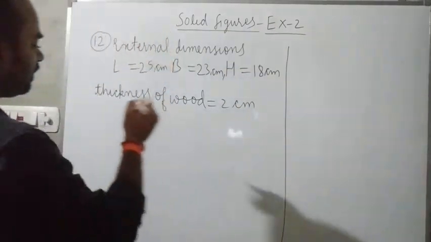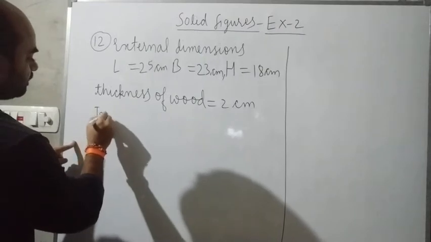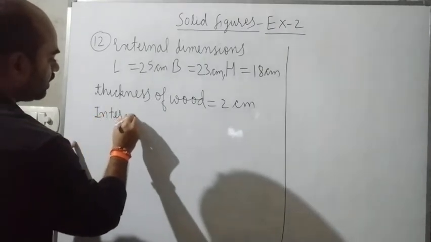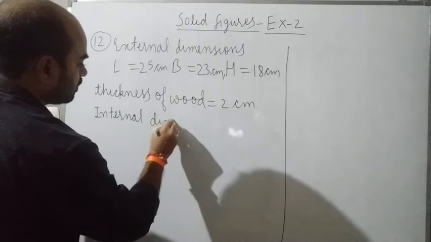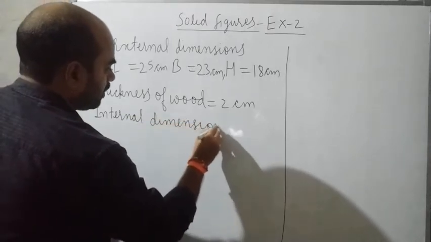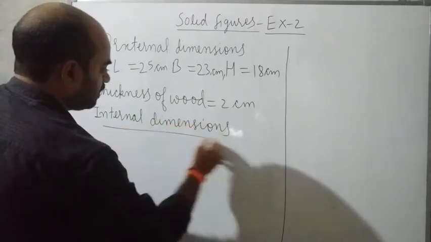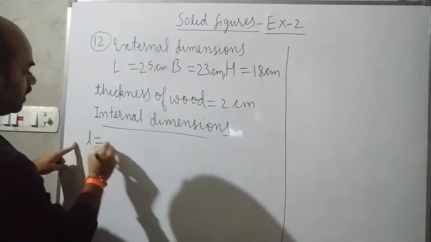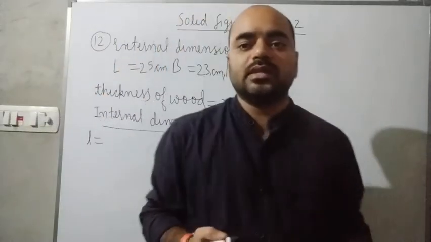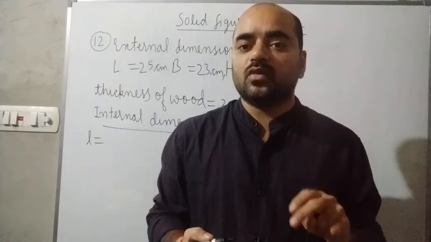So, how to find internal dimensions? Internal dimensions will be represented by small l, small b and small h.